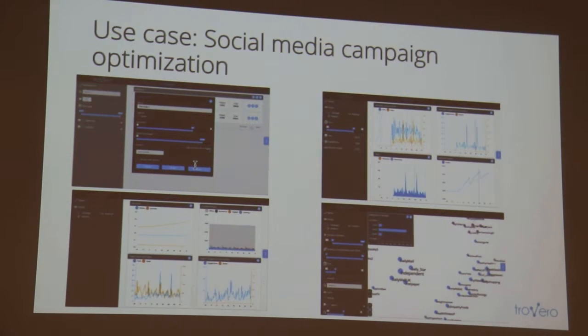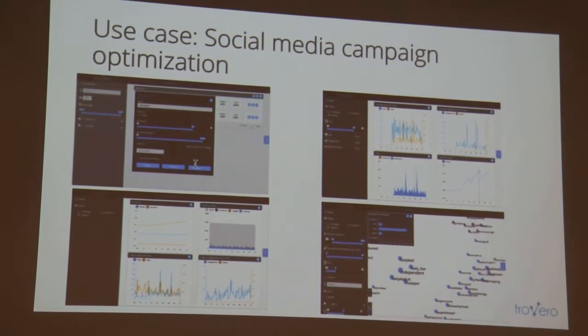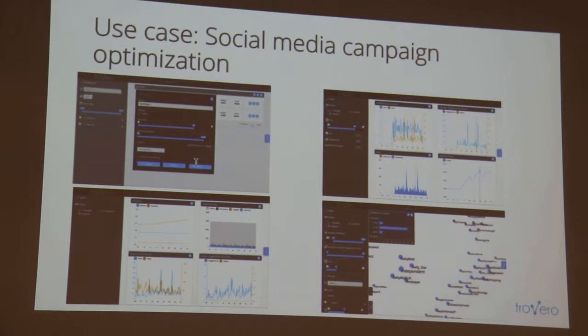And that was social media marketing, because we were of the opinion that large companies are basically consistently paying Facebook, Twitter, and all those various platforms too much money without actually knowing what they're getting out of it.